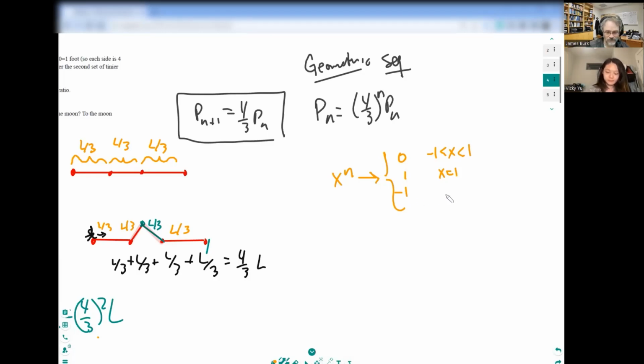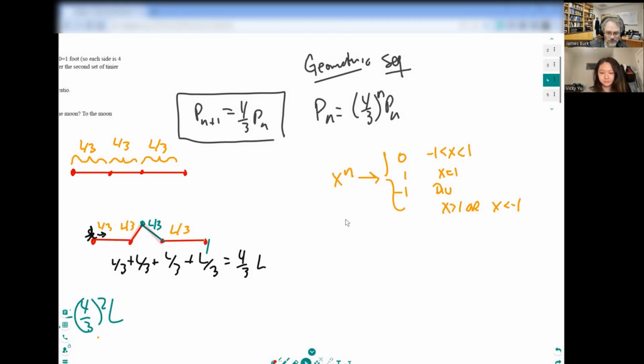If it's -1, this is going to oscillate back and forth, back and forth, back and forth. -1 to the 0th power, 1. -1 to the 1st power, -1. -1 squared, 1. -1 cubed, -1. So it goes back and forth. And if x is bigger than 1 in magnitude, watch out. This thing's about to explode. This is what we call diverging.